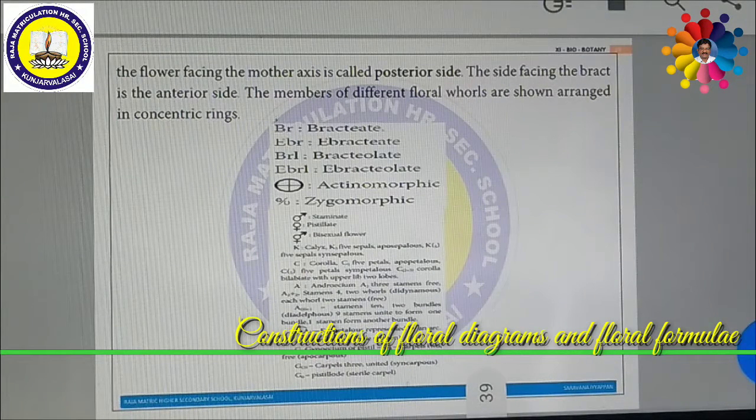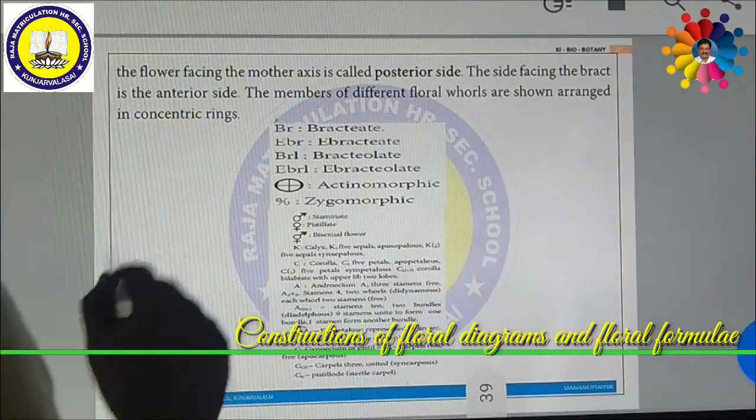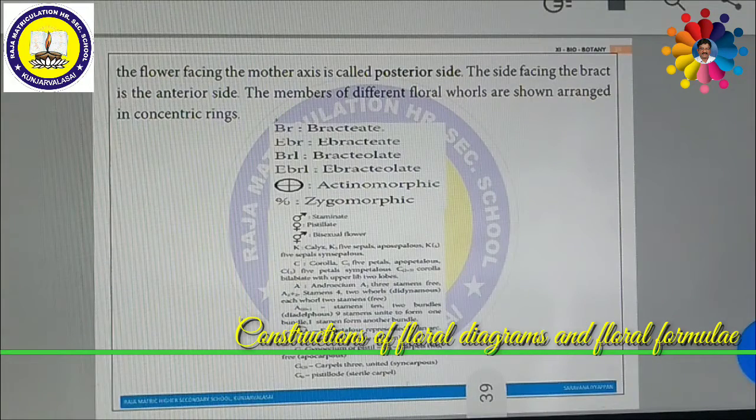Then bracteole. What do you mean by bracteole? Bracteoles are leaf or leaf-like structures present on the pedicel, in between the calyx and the bract. If a bracteole is present, it is represented by Br1, capital B, small r1.